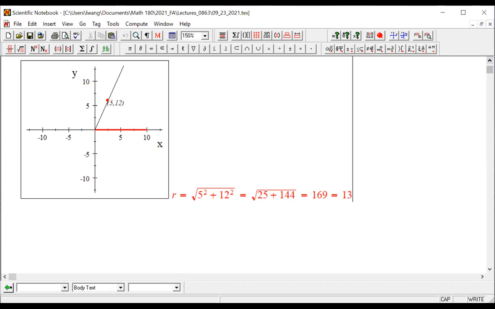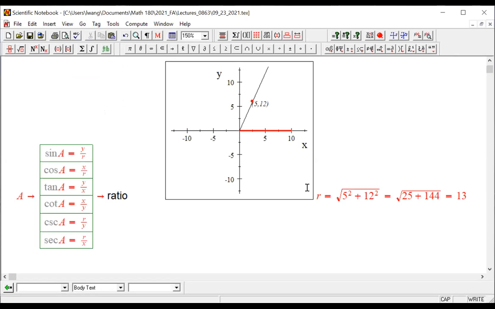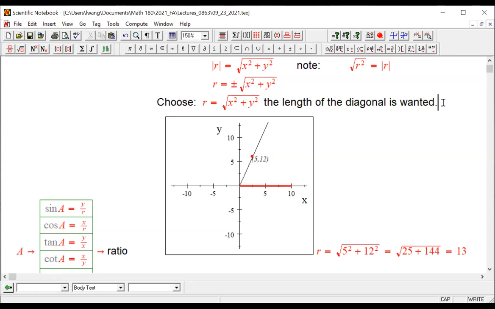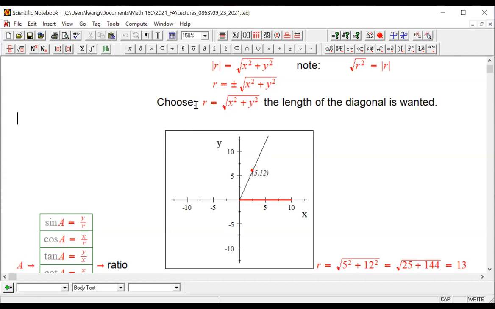All right. So now we have x. Now I want you guys to write down: r is equal to, in this case, right? Our x is what? x is 5. y is 12.